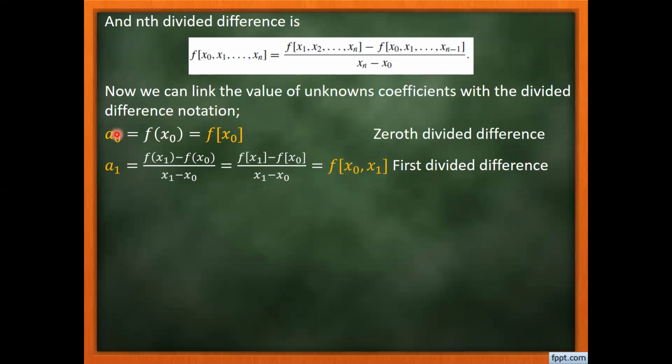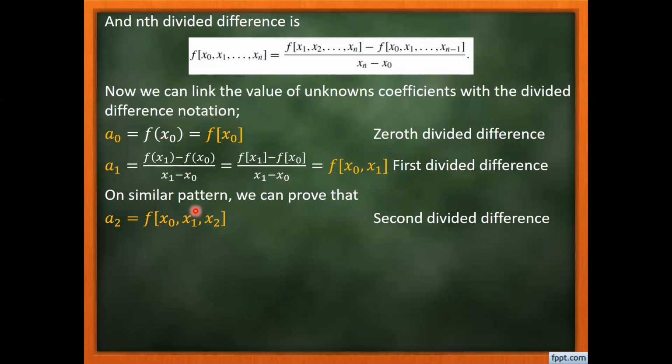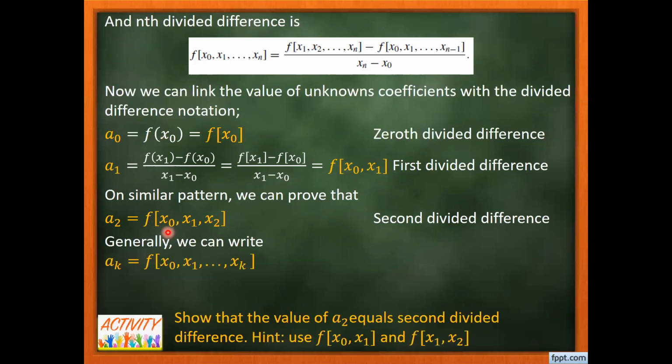So a0 is the zeroth divided difference at x0, and a1 is the first divided difference at x0. Following the same pattern, a2 is the second divided difference at x0. Generally, the ak unknown coefficient will be the kth order divided difference at x0.